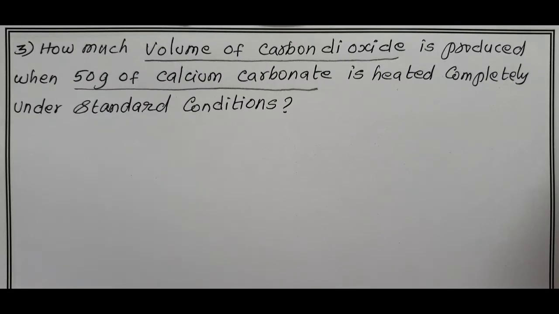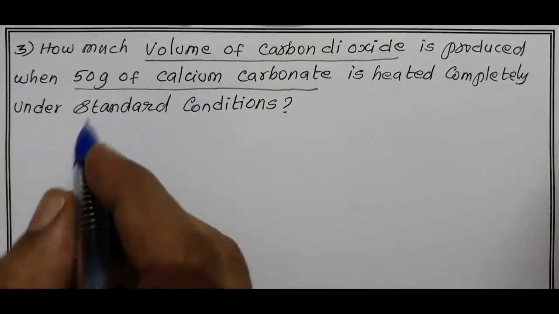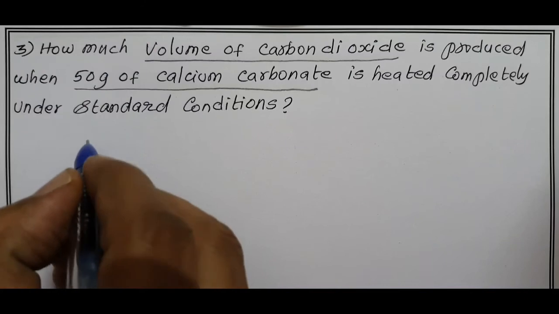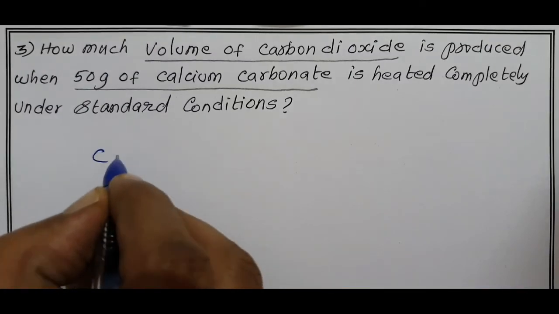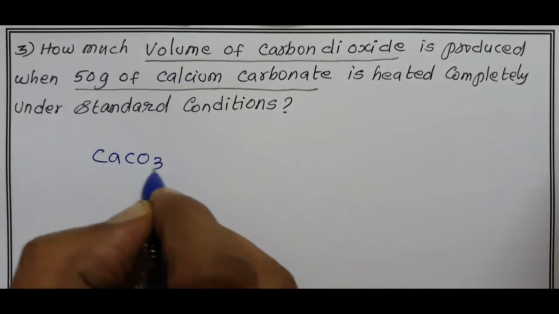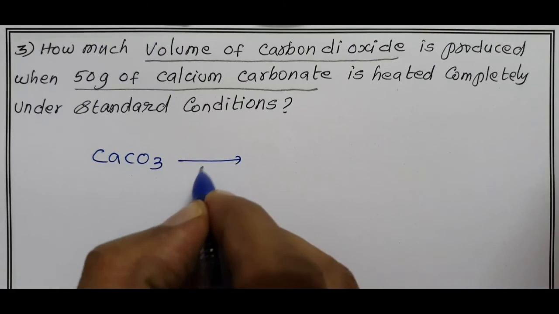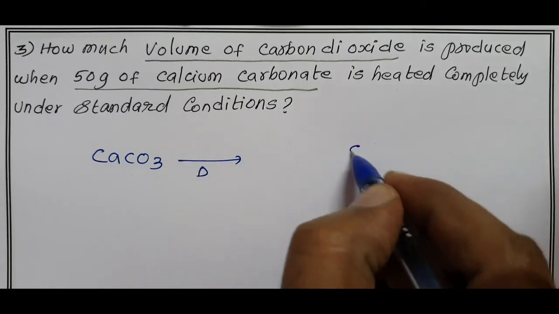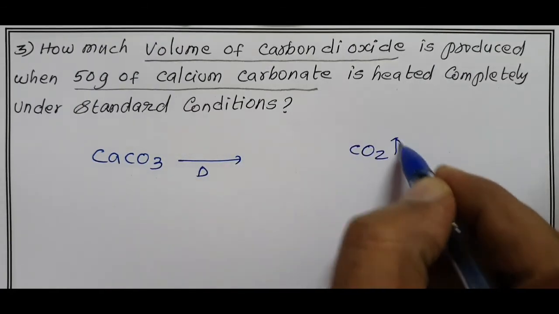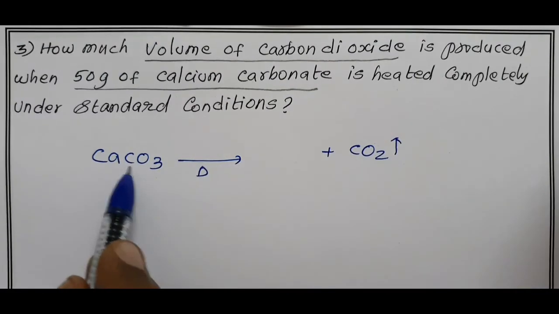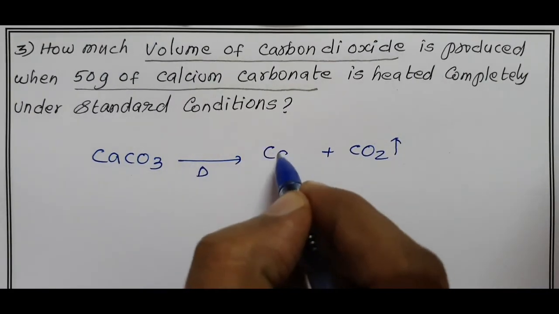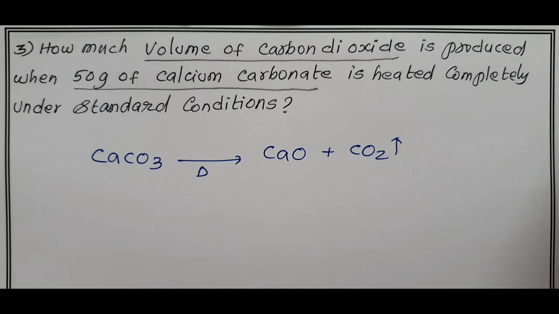First, I write the heating reaction of calcium carbonate. Calcium carbonate, CaCO3, on heating liberates carbon dioxide, CO2. When CO2 is removed from carbonate, we will get CaO, calcium oxide. What is the given value?